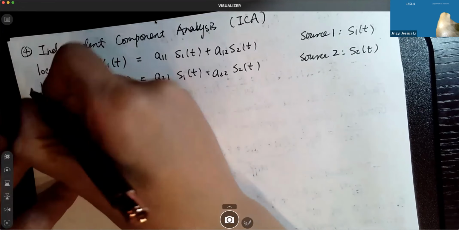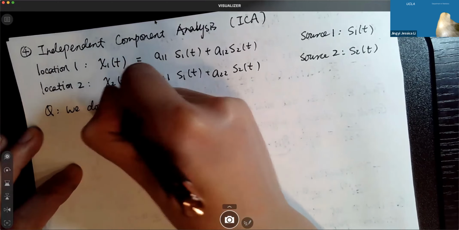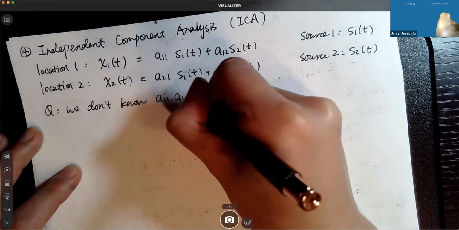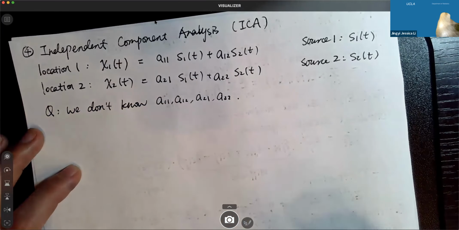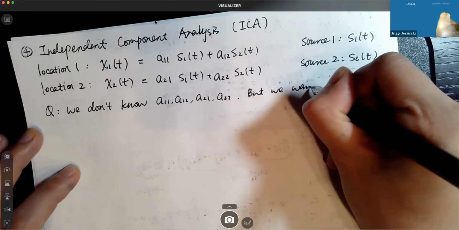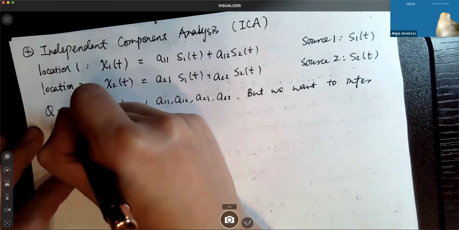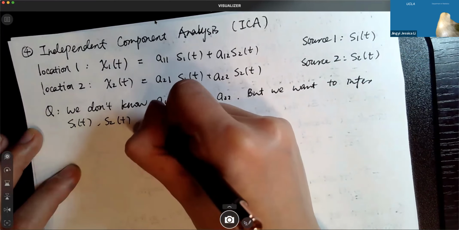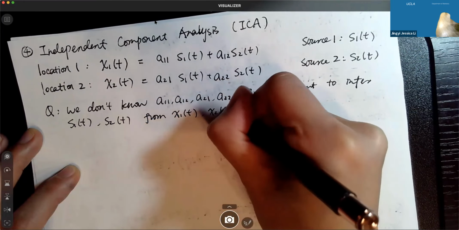So the challenge is that we don't know coefficients A11, A12, A21, and A22. We don't know any of them. But we want to infer S1t, S2t from X1t and X2t.